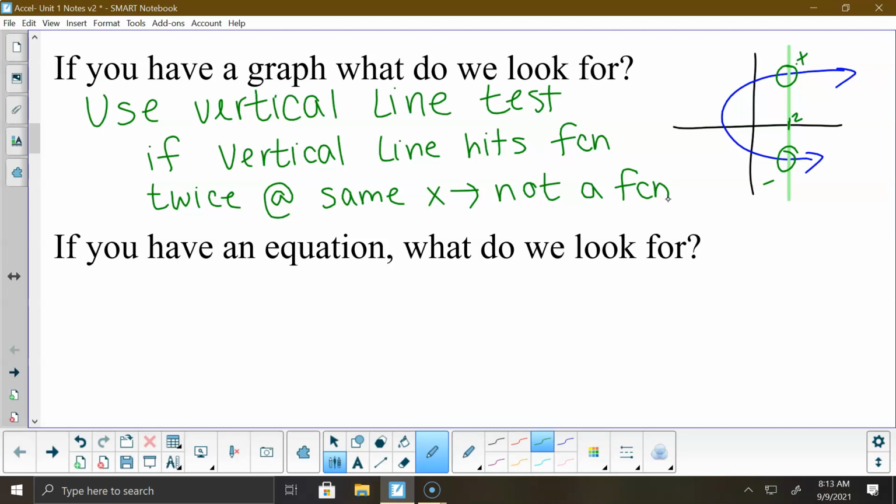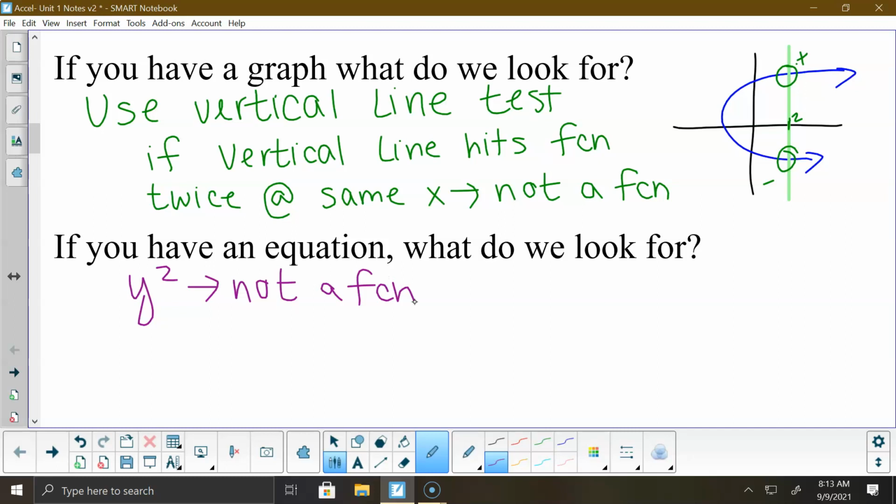All right, and when it comes to equations, the biggest thing we're going to look for is if it's got a y squared, it is probably not a function. If it's got a y squared, that's going to be your sideways parabolas.